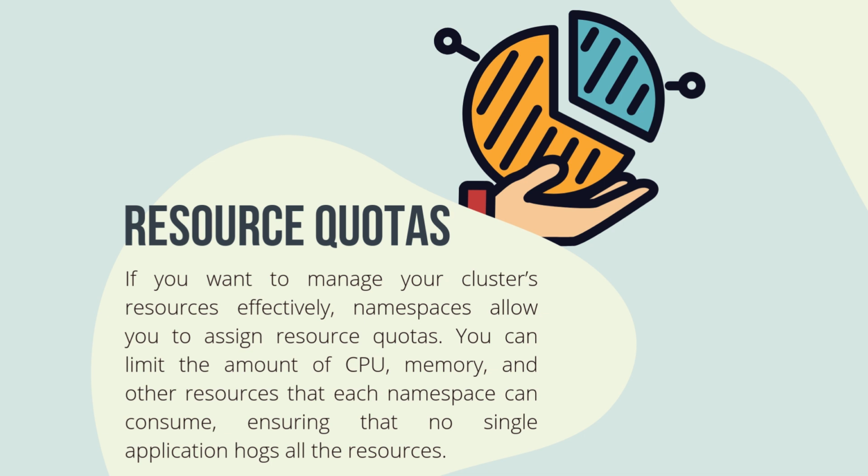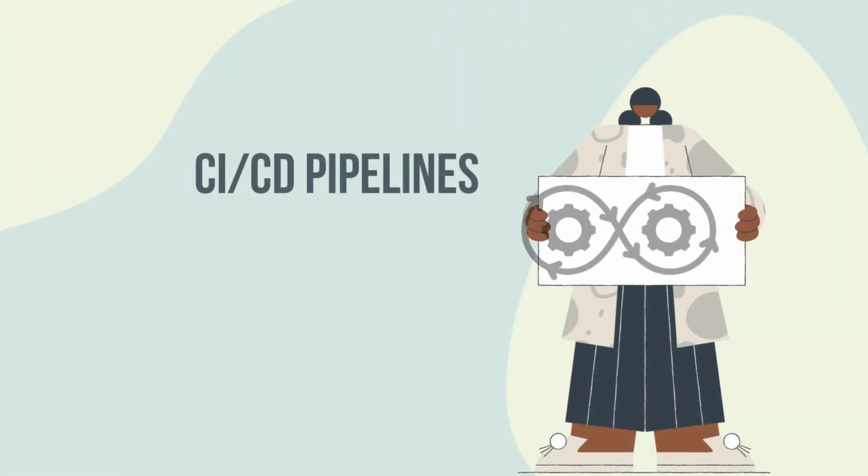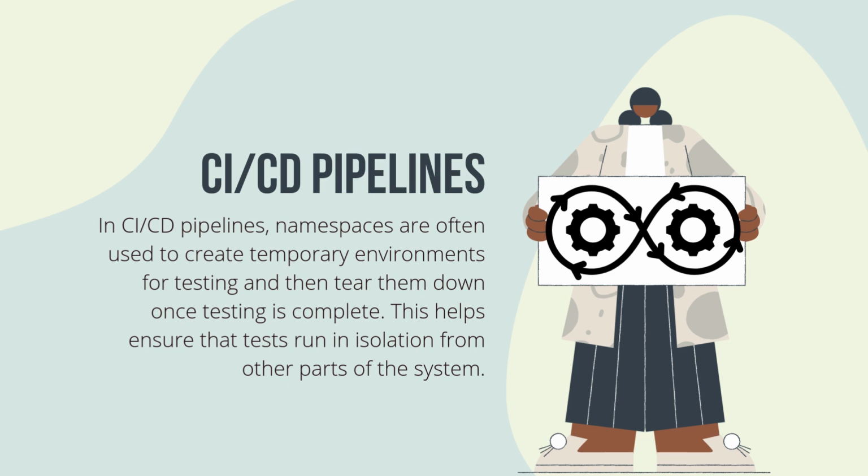You can limit the amount of CPU, memory, and other resources that each namespace can consume, ensuring that no single application hogs all the resources. And in CI/CD pipelines, namespaces are often used to create temporary environments for testing and then tear them down once testing is completed. This helps ensure that test runs in isolation from other parts of the system.